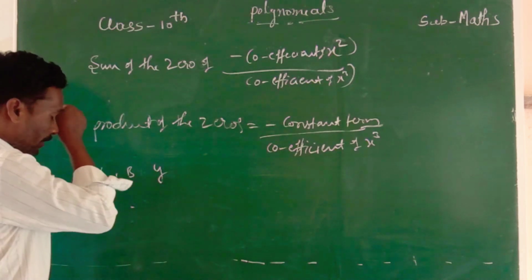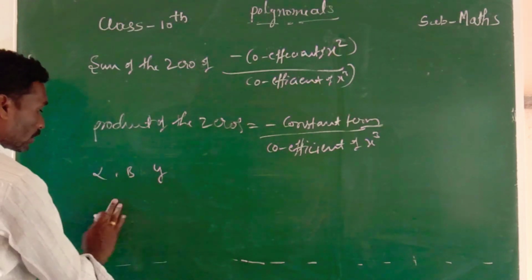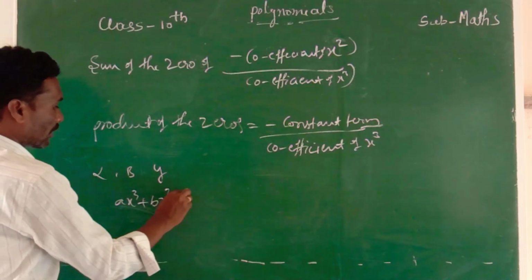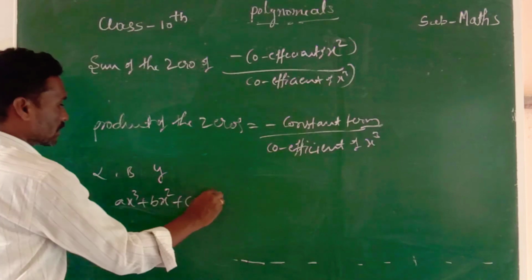and gamma, if I take, so the general form of cubic polynomial is ax cube plus bx square plus cx plus d.